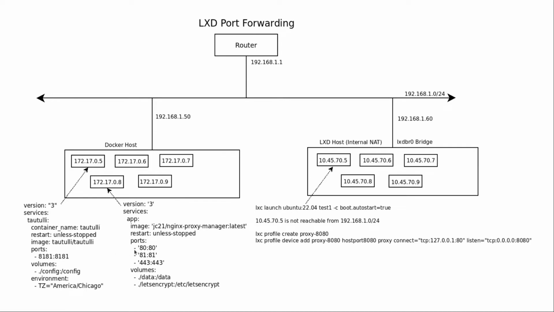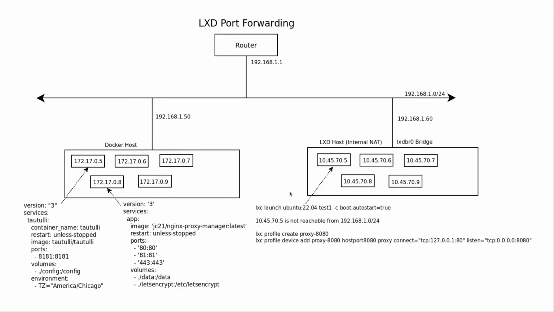Docker takes care of that by having this external address here, and LXD takes care of that with a similar type of command. As an example, we launch a container with LXC launch Ubuntu 22.04. We call the container test1 and set boot.autostart equals true, which means whenever the LXD host starts up, so does the container.